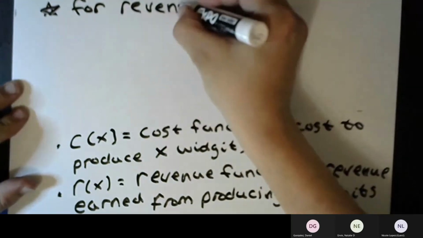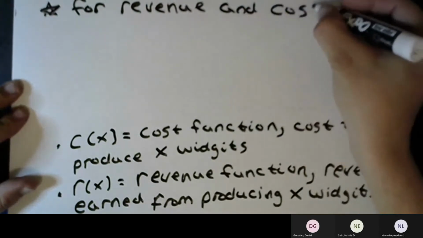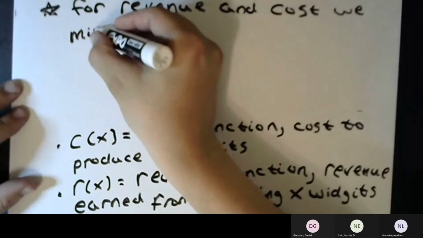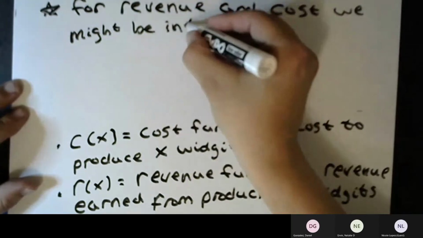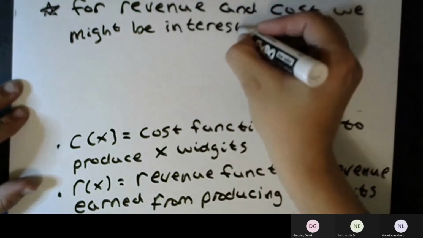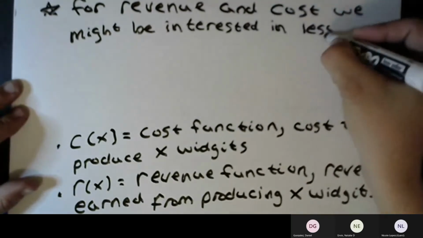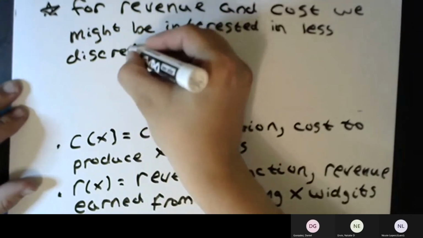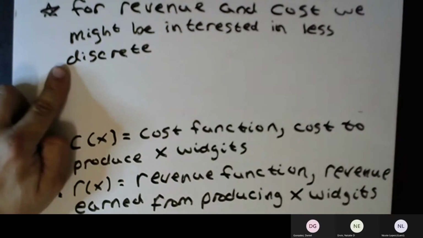So for revenue and cost, we might be interested in less discrete. And discrete means like adding one. In this case, we might be interested in adding like, what's the cost to make half of something, half a widget?